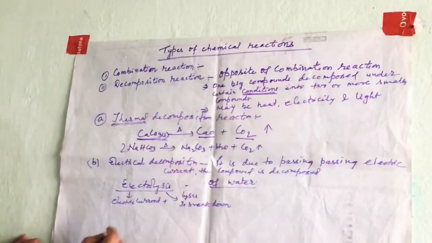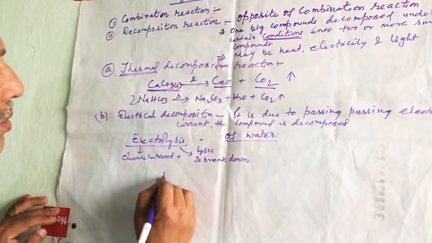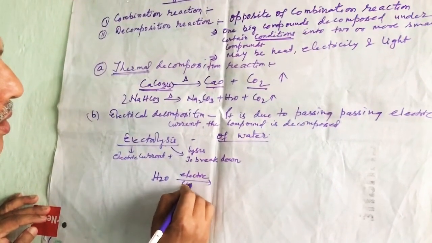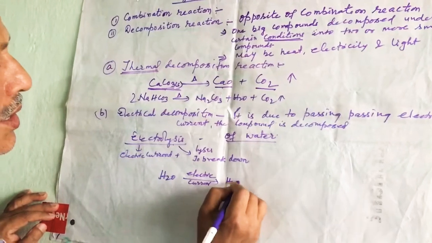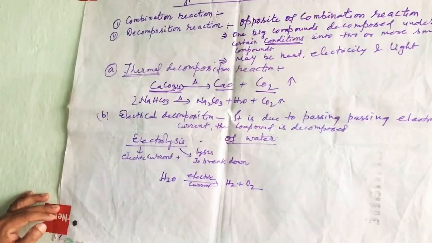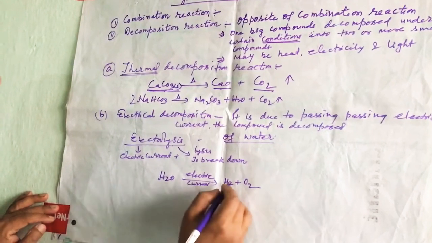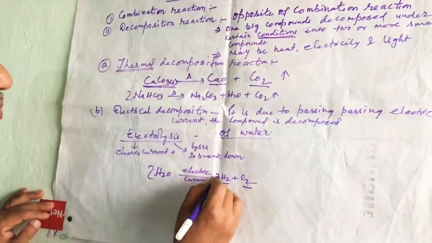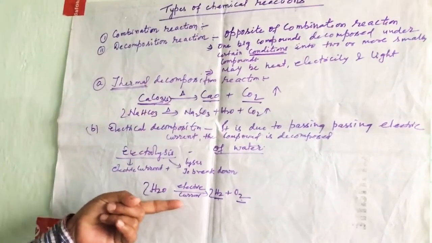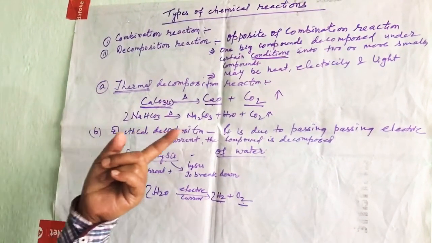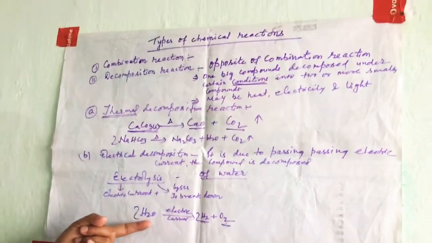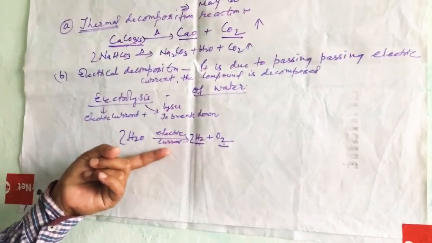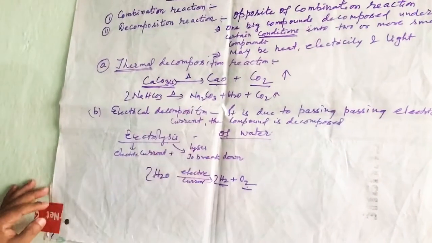It means when electric current is passed in water, it is decomposed, broken down into its corresponding molecules, that is hydrogen and oxygen. So this is also a type of decomposition reaction, but here the molecule of water is decomposed into hydrogen and oxygen by passing electric current. This is why it is electrical decomposition.